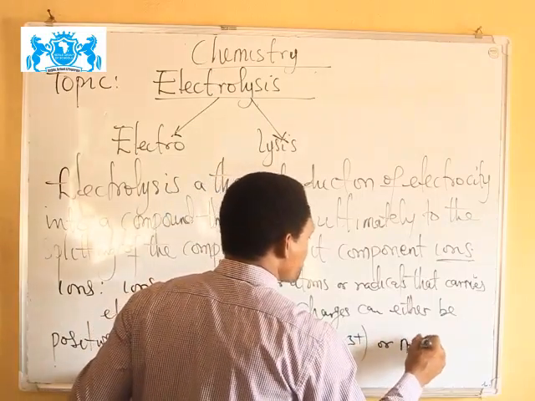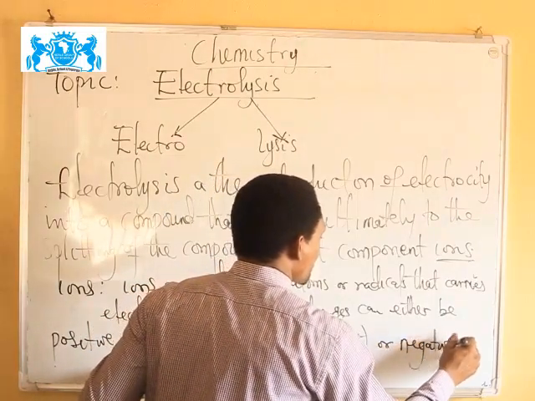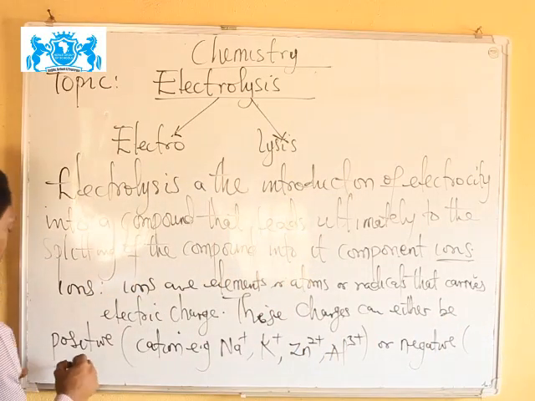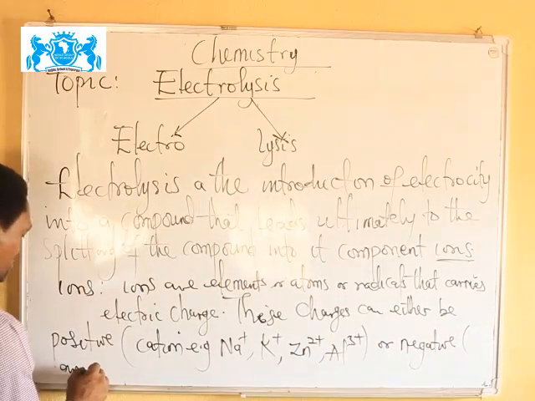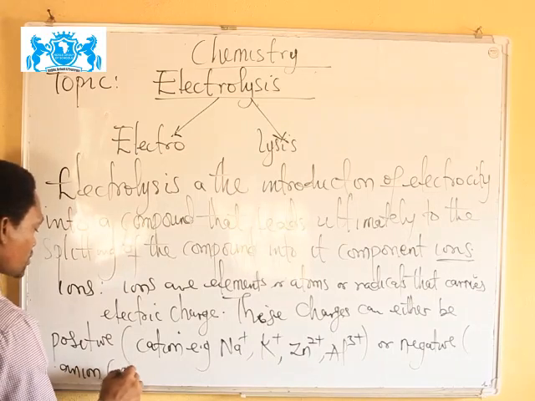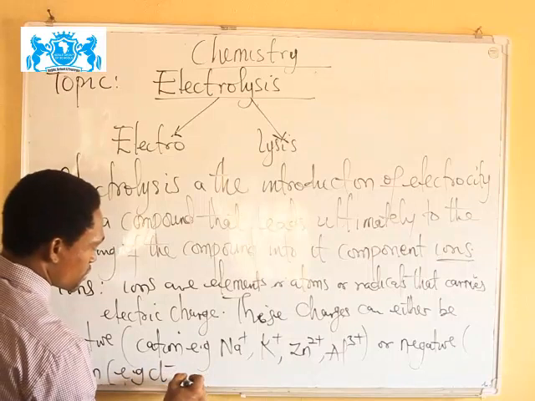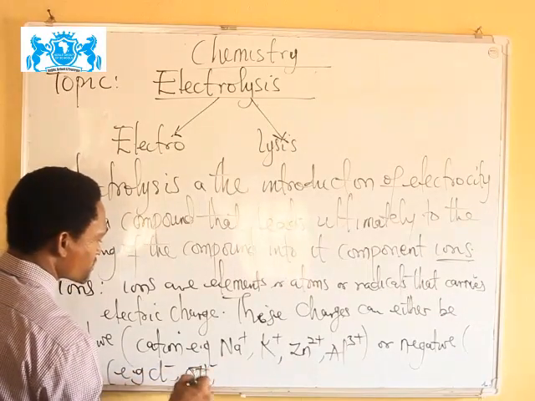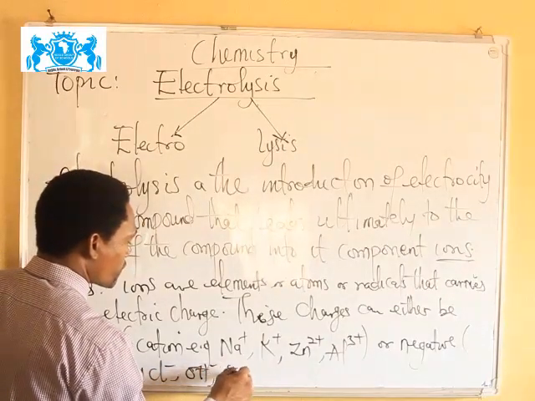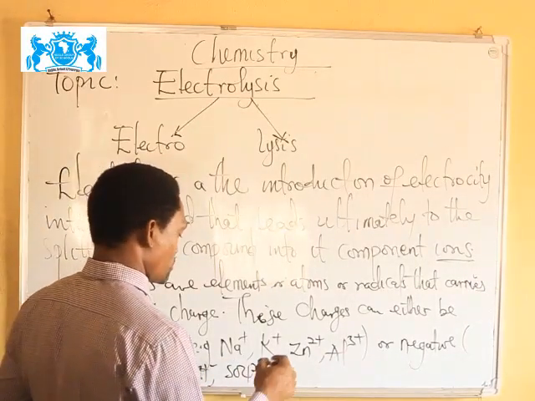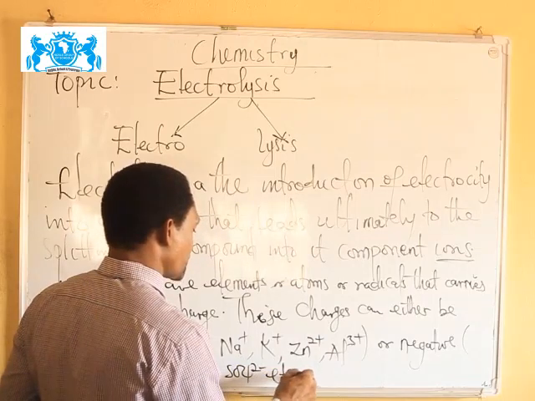Or negative. If the charge is negative, it is called an anion, e.g. chloride ion, hydroxyl ion, SO4 2- ion, etc.